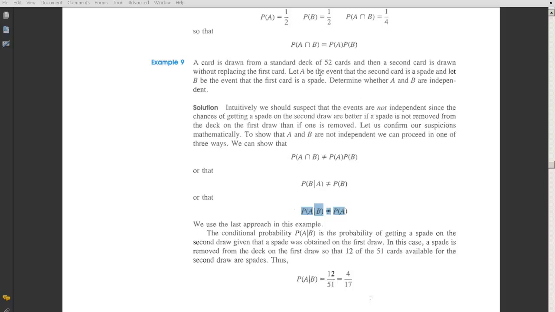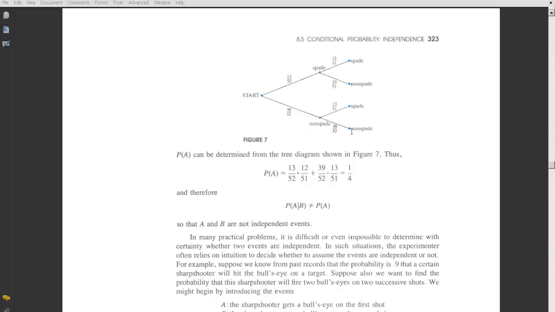Okay, yeah, that's what we're checking. So the probability of a spade on the second is this one and this one. So we have to add up, go along here. So we multiply this times this, and go along this way, multiply this times this.